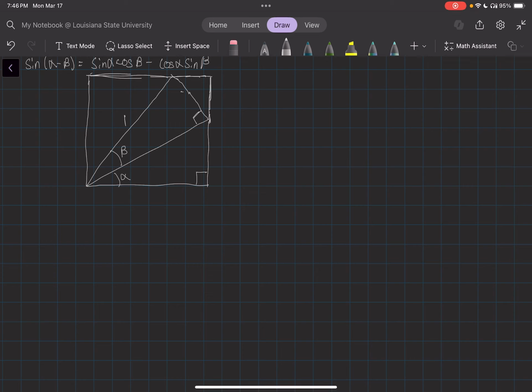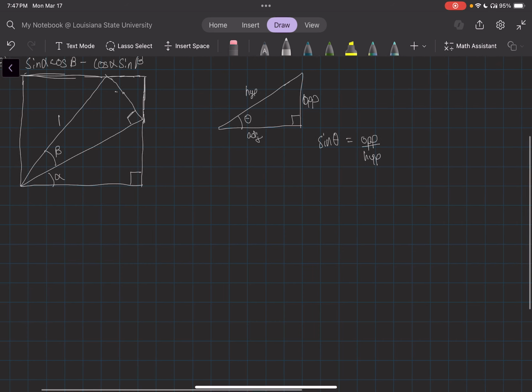So from here, we first need to recall what the sine of some angle is. If we have some triangle with an arbitrary hypotenuse, considering theta, our base would be our adjacent and our height would be our opposite length. So the sine of theta is defined as the opposite over the hypotenuse.